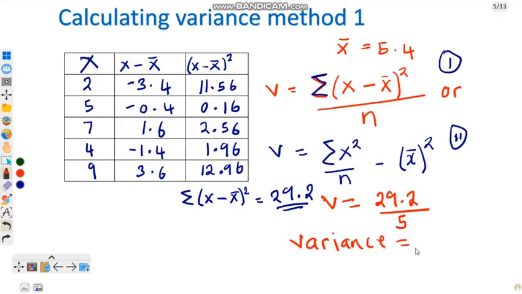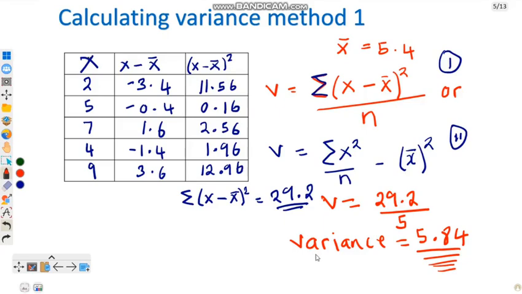So we just need to divide: 29.2 divided by 5 will give us 5.84. So this will be our variance. So we have found the variance of the ungrouped data for the first question using method 1.